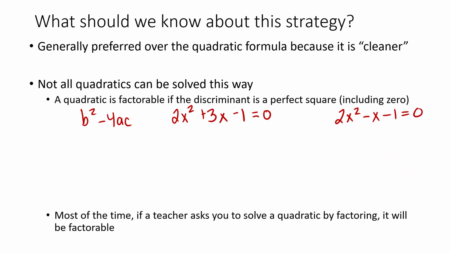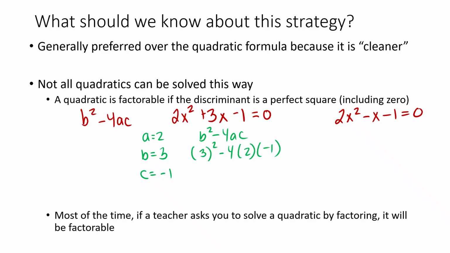And the discriminant is the b squared minus 4ac. So looking at this first one, my a value is 2, my b value is 3, and my c value is -1. When I plug that into the discriminant, I'm going to do 3 squared minus 4 times 2 times -1.